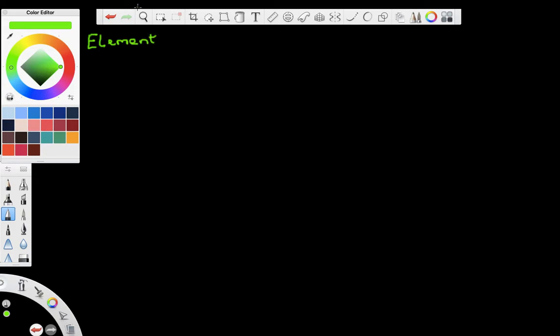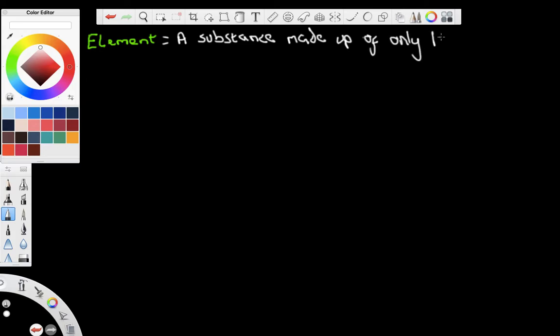Now an element is a substance made up of only one type of atom.